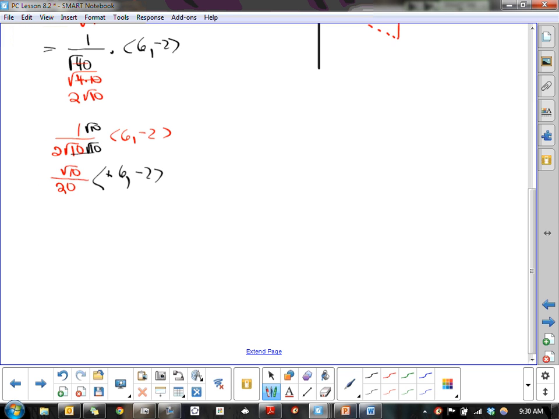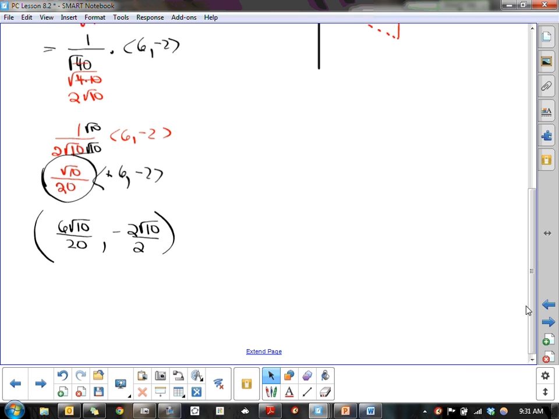So what is the unit vector going to look like? We now have a scalar multiple. What is this scalar multiple designed to do? Shrink it down to a size of what length? So it's going to be 6 square root of 10 over 20, comma, square root of 10 over 20, which we could reduce as well.